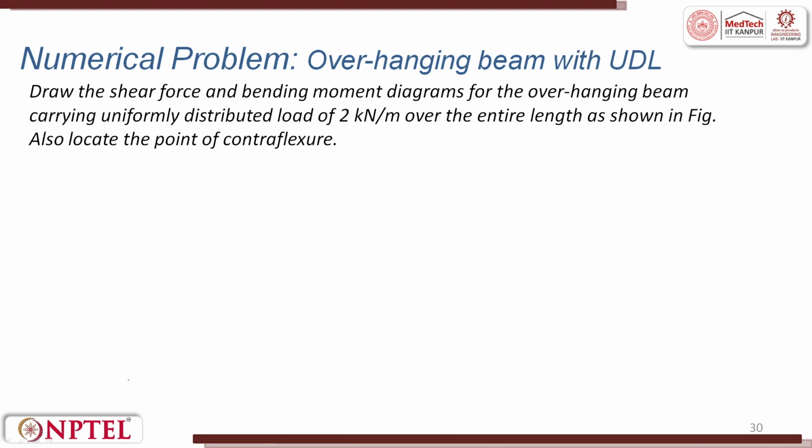Now, the BM at C is 0. So, the BM also varies between B and C according to parabolic law.